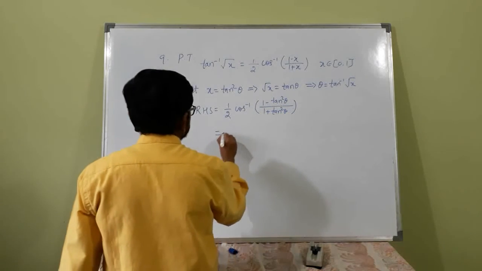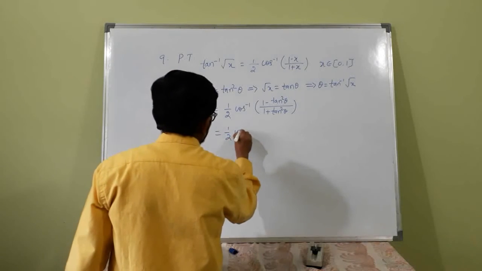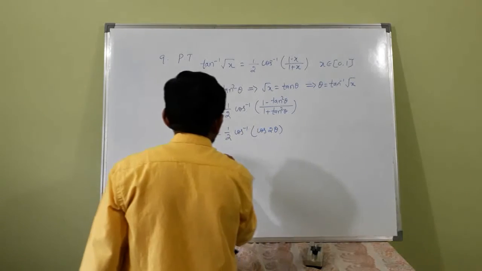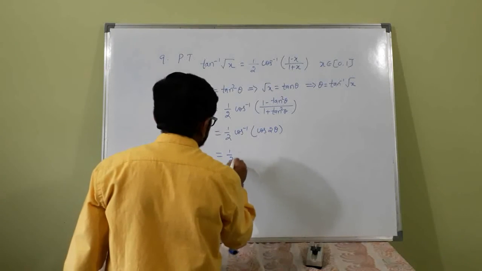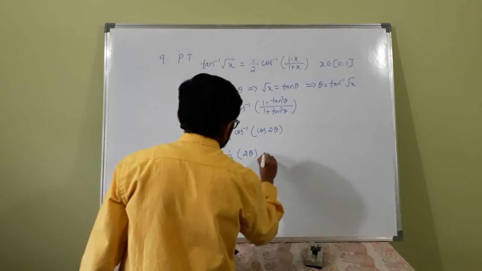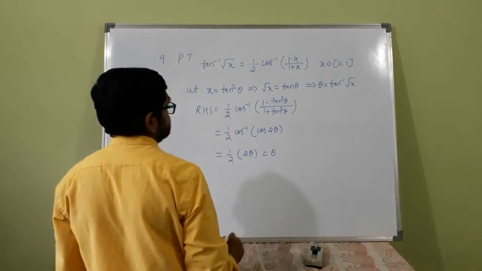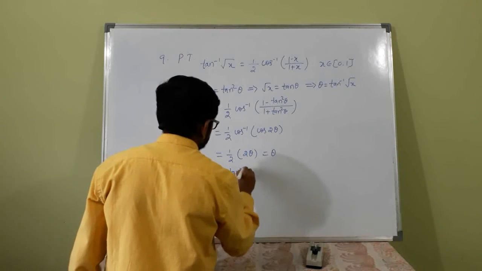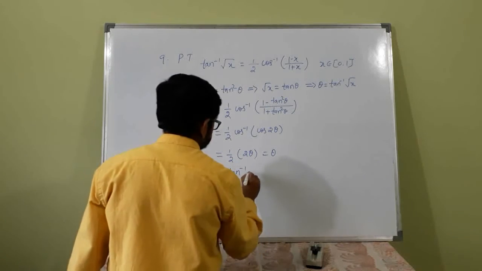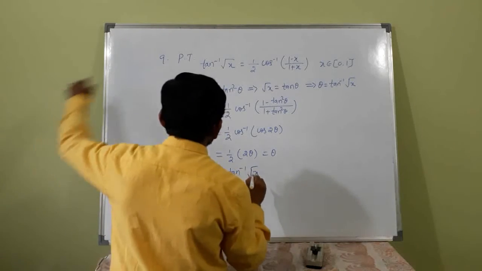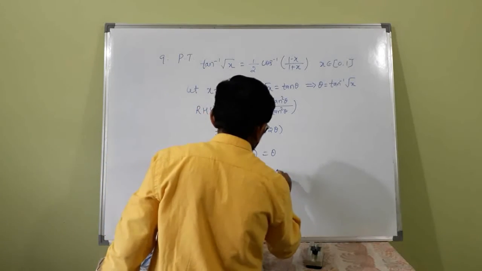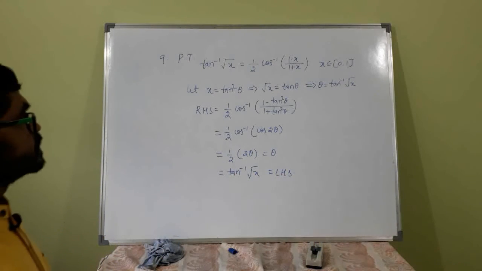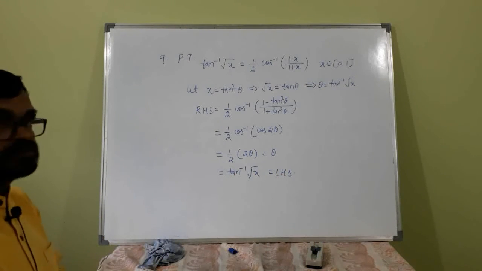This is half of cos inverse of cos 2 theta, half of 2 theta, or this is theta, and that theta is nothing but tan inverse of root x. That is the LHS. Okay, please mark this question. This may be asked in competitive exams also.